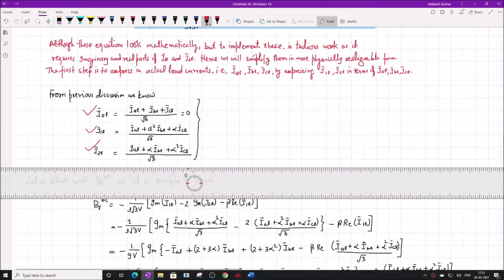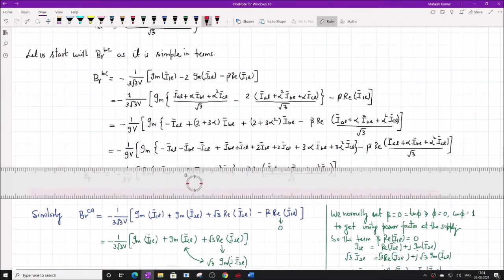So B gamma BC is nothing but minus 1 by 3 root 3 b in brackets: imaginary of I1L minus twice imaginary of I2L minus beta into real of I1L. Substitute back I1L in terms of IA, IB, IC.